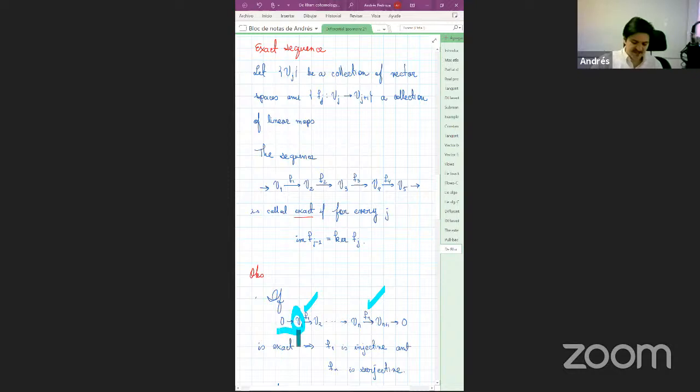The image is 0, so that means that the kernel of F1 is only the 0 vector. Hence, it is injective. Now, using exactness on Vn plus 1, the image of Fn has to agree with the kernel of this map. But the kernel of this map is the entire Vn plus 1. So Fn is surjective.